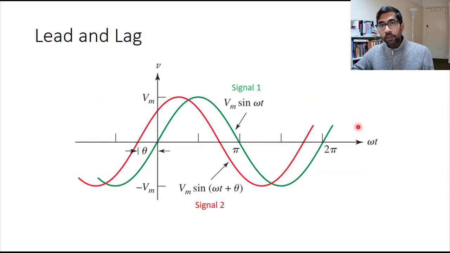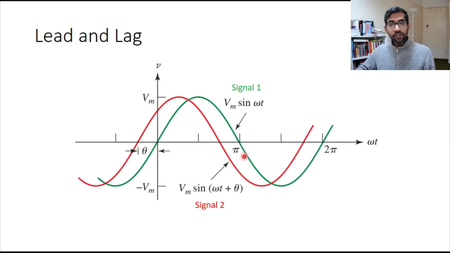I wanted to talk about the concept of a lead and lag. So take a look at these two sinusoids. You have signal 1 in green, which is Vm sine omega t. And the signal in red, which is signal 2, is Vm sine omega t plus theta.